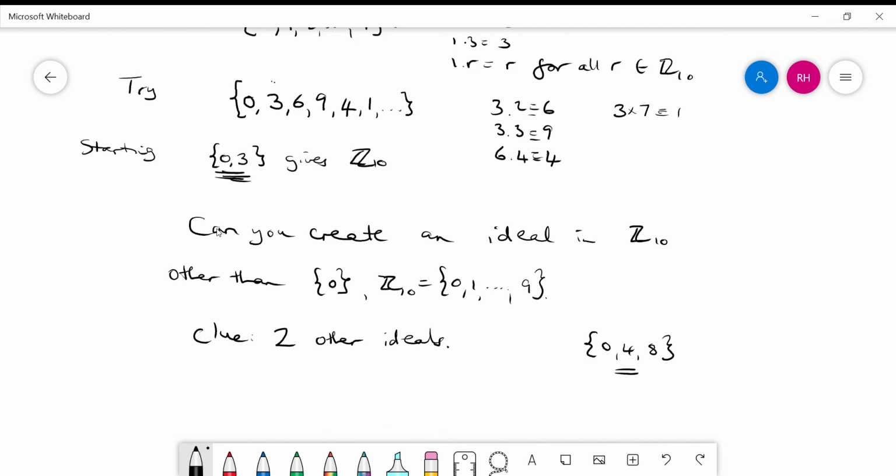This would be an ideal of 3 elements. Anyway, play around with it and see what you come up with. Comment below. It's probably the best, and we'll explore this a little bit further if necessary. I think once you've got the ideals and you can see that you've got all the ideals, it's then pretty straightforward to check whether they are maximal ideals. That's a separate issue, but I think that'll come readily once you understand how to find the ideals of Z10.